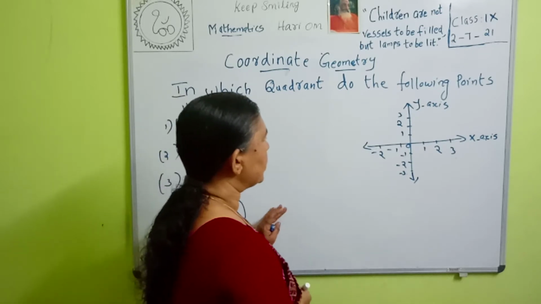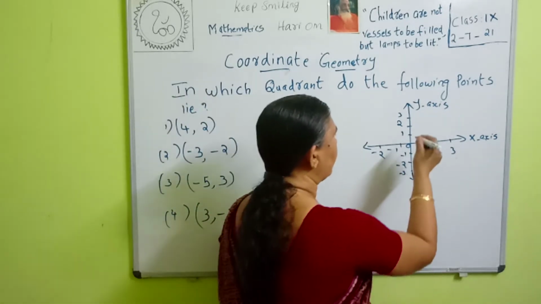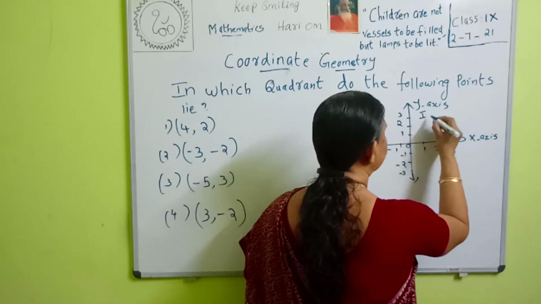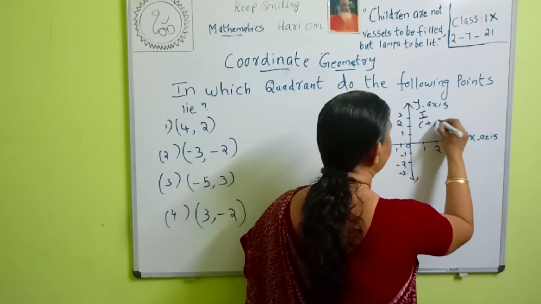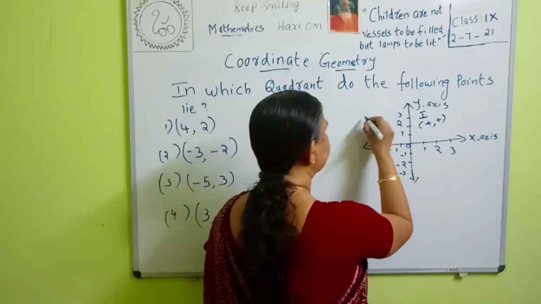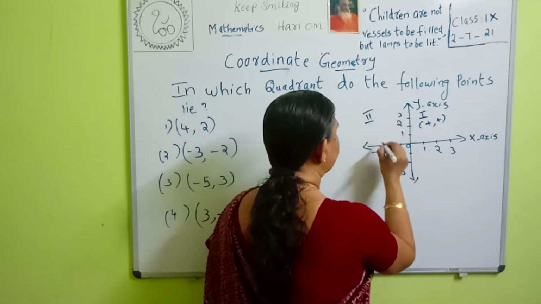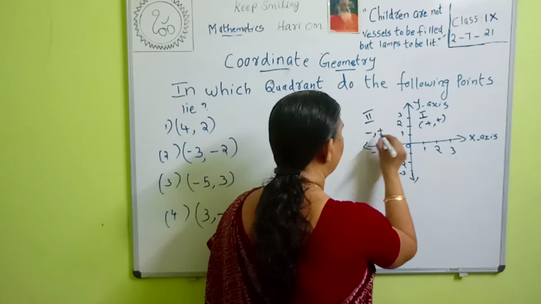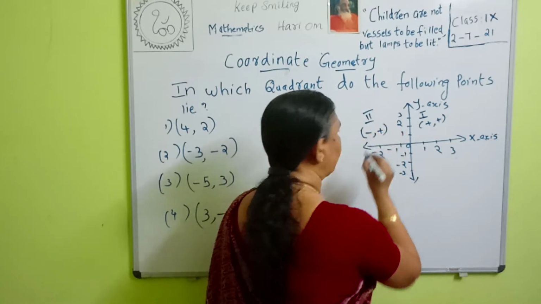In the first quadrant, both the x and y coordinates are positive. Yesterday we studied this. In the second quadrant, the x coordinate is negative and the y coordinate is positive. We write the x coordinate first.